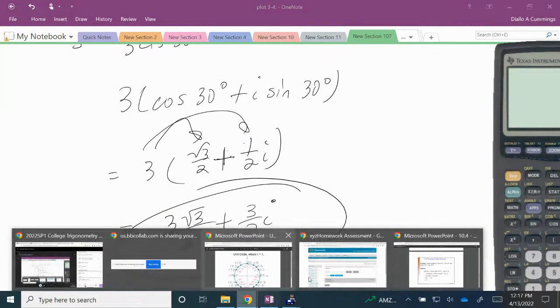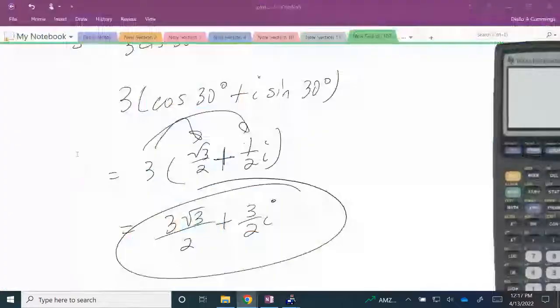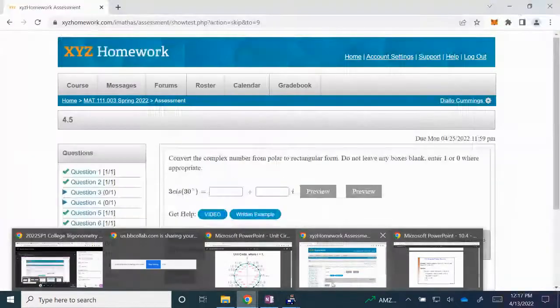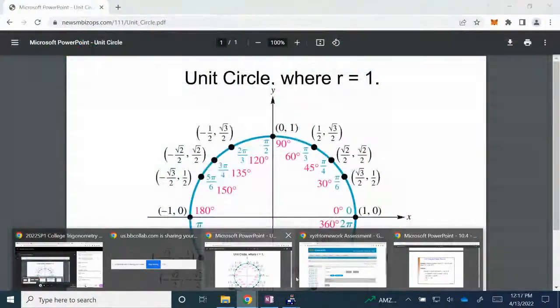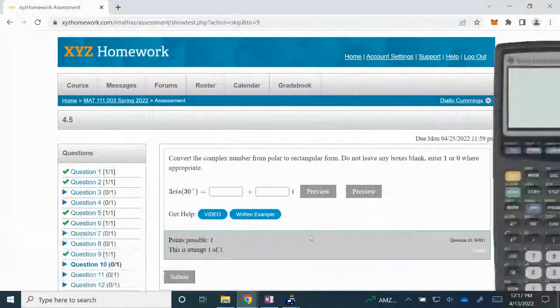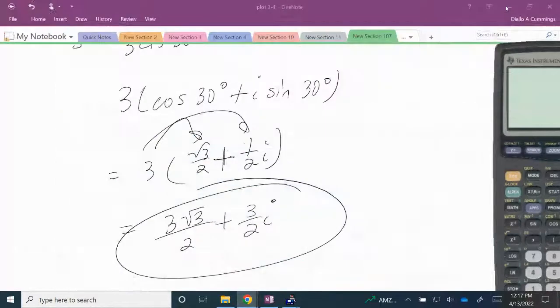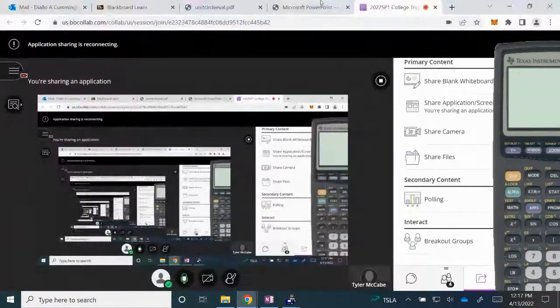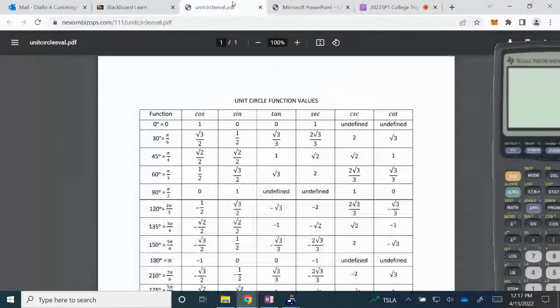All right, next we're going to take a look at operations with numbers in trig or polar form.